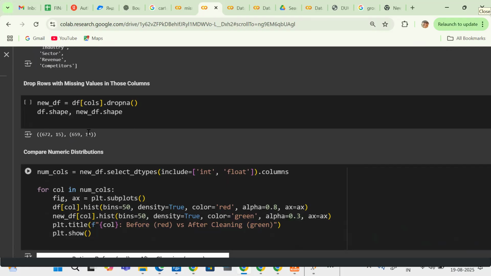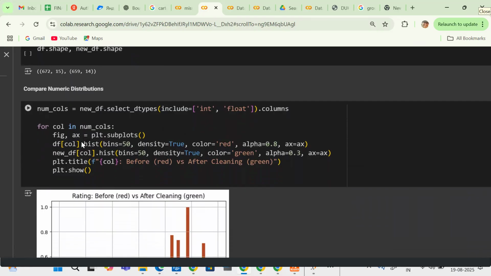You have the rest of the rows, that is 659. How many are removed? Around 13 rows.